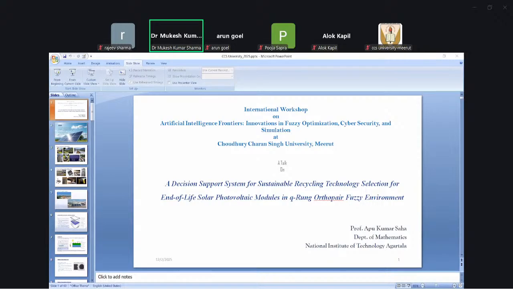Now measure the distance of each alternative's performance from the negative ideal solution and positive ideal solution. Then rank the alternatives according to their distance from NIS or PIS. Finally, these are the values of distance from NIS and distance from PIS.